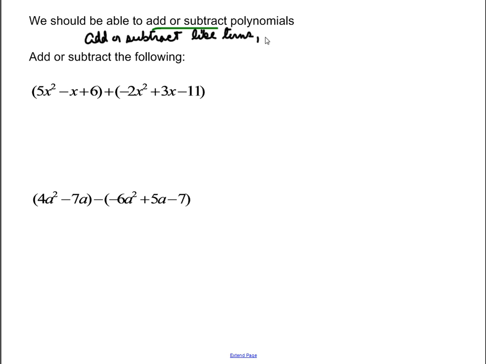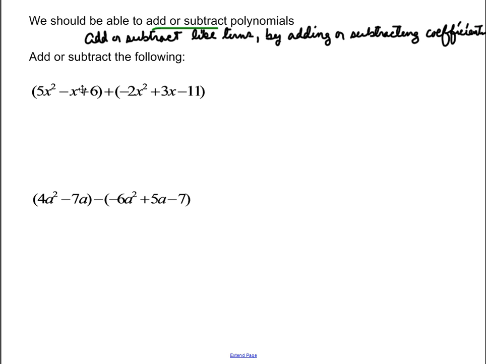So we add or subtract like terms by adding or subtracting the coefficients of those like terms. There it is. Okay. So what does that mean?